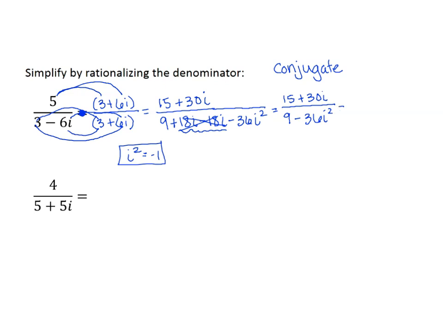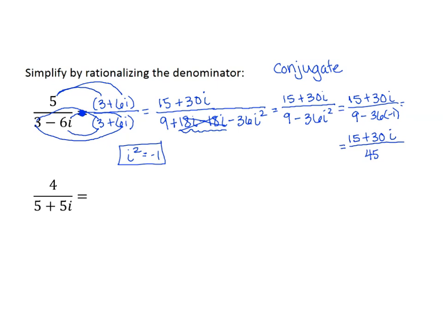So I'm going to replace my i squared with a negative 1. So I have 15 plus 30i over 9 minus 36 times negative 1. I'll write it down here. So I have 15 plus 30i over 9 plus 36, which is 45.